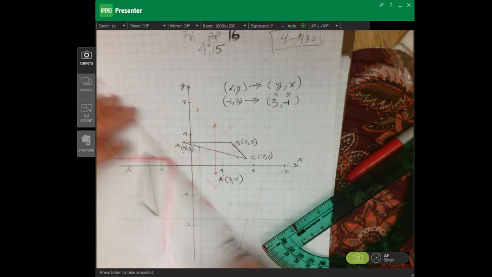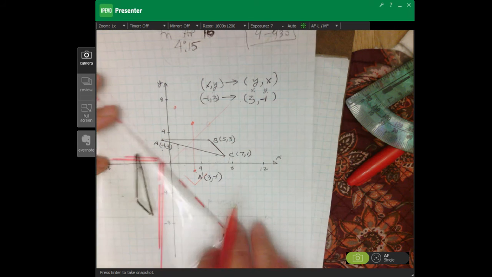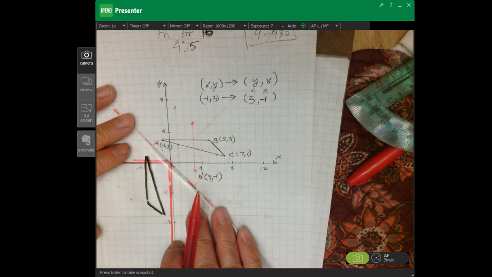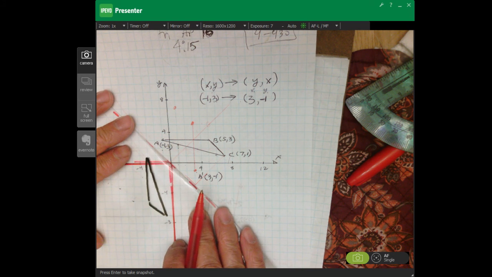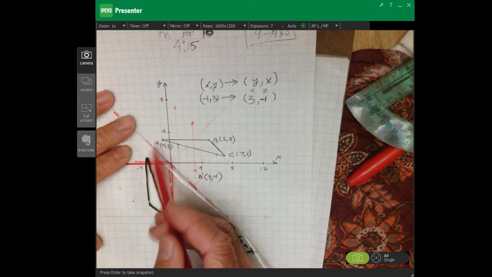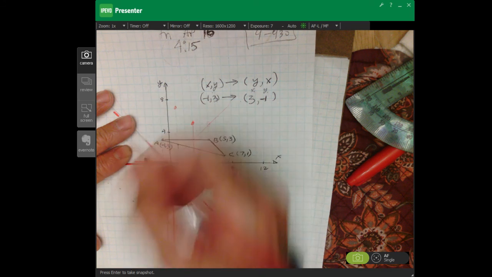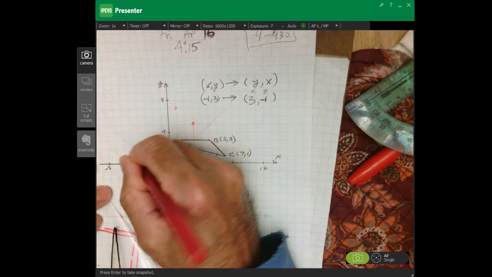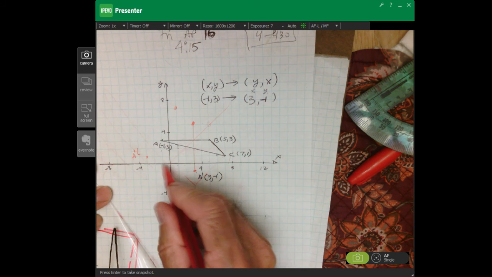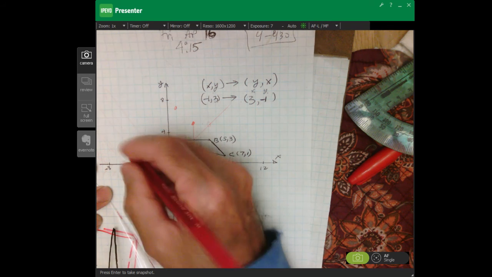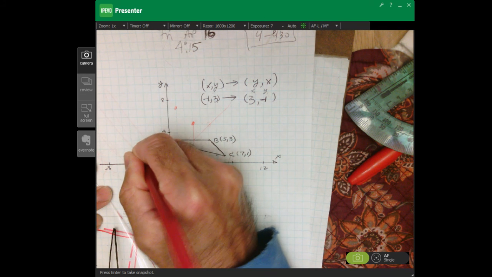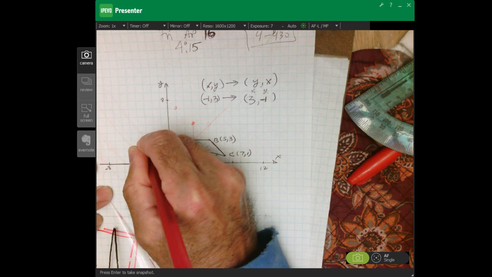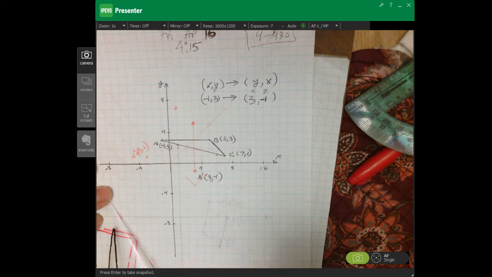Okay? Now, if we look at the points here, this one came from A, right? So this is A prime. And this is 1, 2, 3. Negative though, and +1.